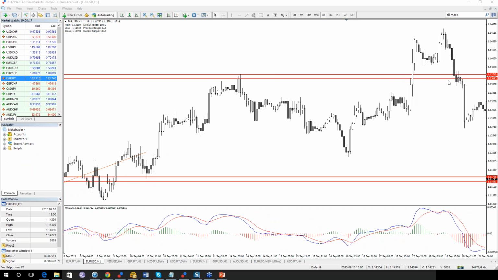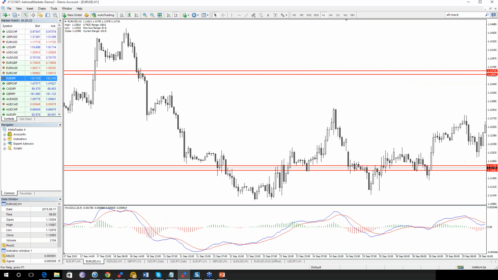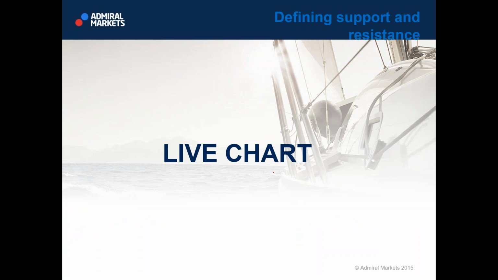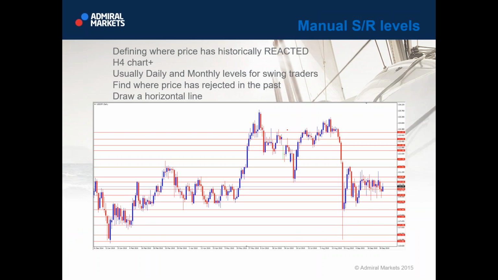It's the same. Okay, so this is how you do it and how you basically define support and resistance levels. Now let's get into the micro bits of price. Manually support and resistance levels.